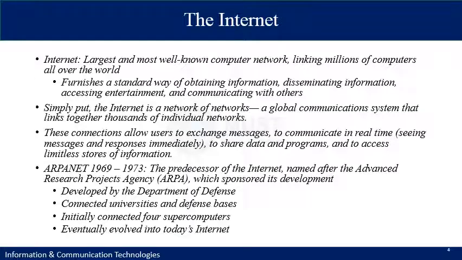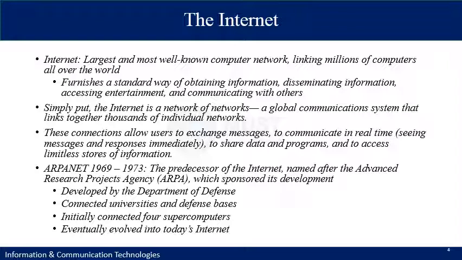So first of all, let's define the term internet. The internet is classified as a network of networks, and it is the largest and most well-known computer network, linking millions and in today's environment even billions of devices.